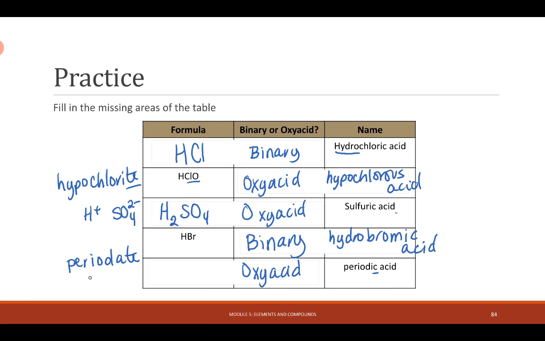Iodate has 3 oxygens. Periodate must have 4 oxygens. And so I will need one H+ ion to make that neutral. HIO4, and you don't put the charge anymore, it's neutralized by the hydrogen.